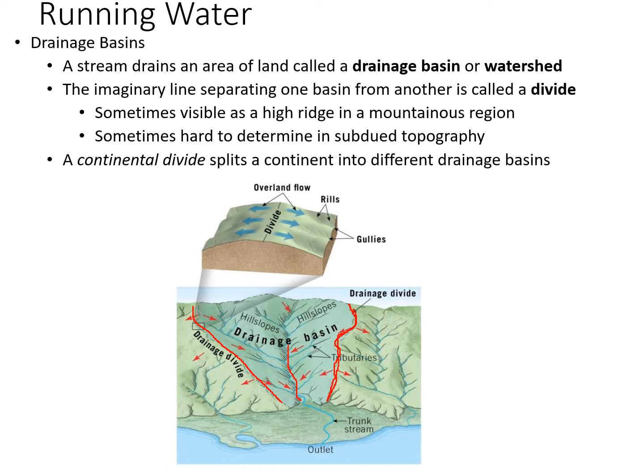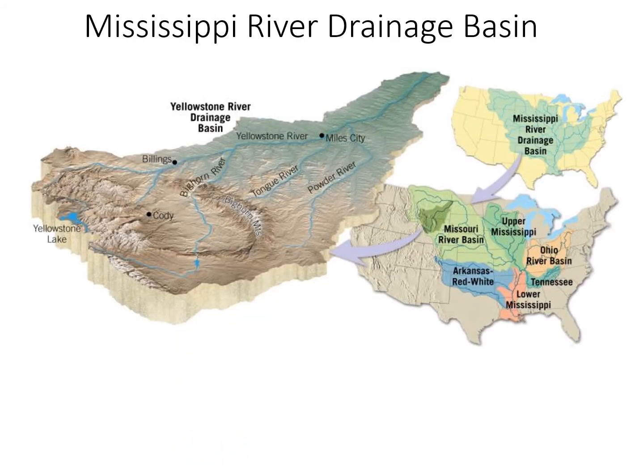And when you have very large drainage basins, they can be divided up by larger divides called continental divides. So the best example of this is at Yellowstone National Park. The continental divide of the Mississippi River drainage basin goes through that national park right here. Okay, there's a big sign that lets you know that too if you ever go to Yellowstone National Park.